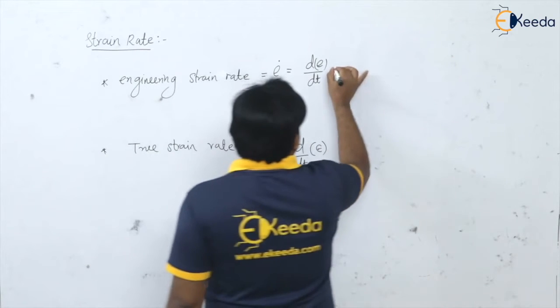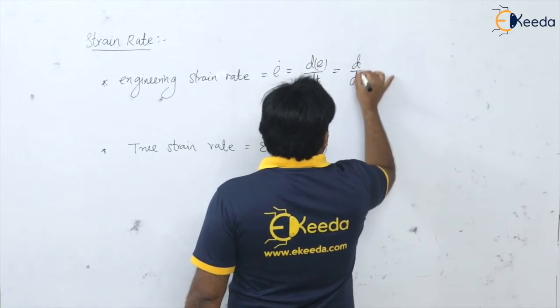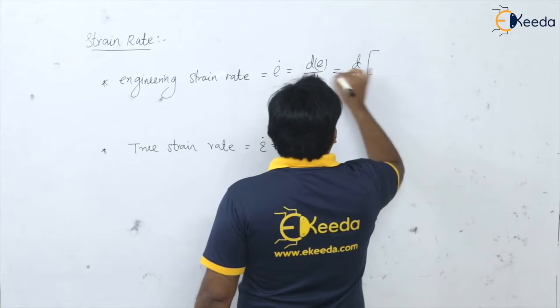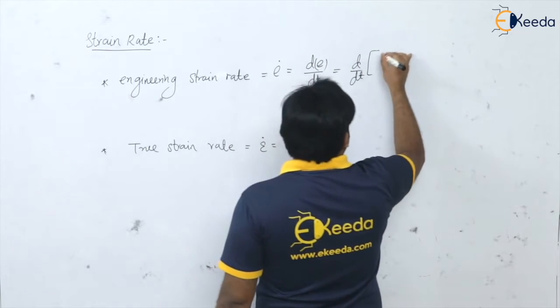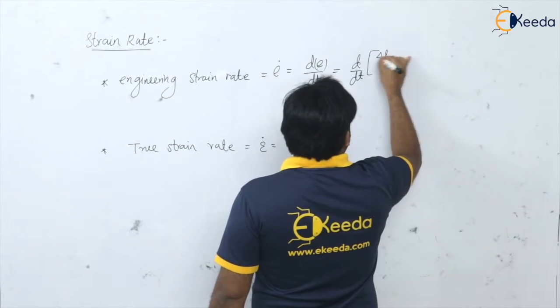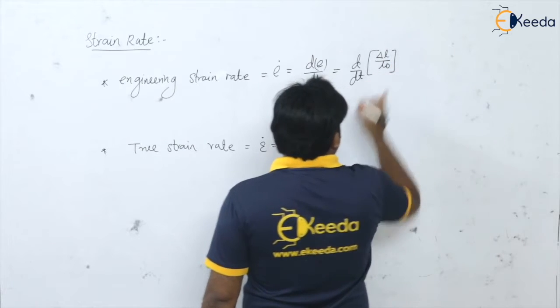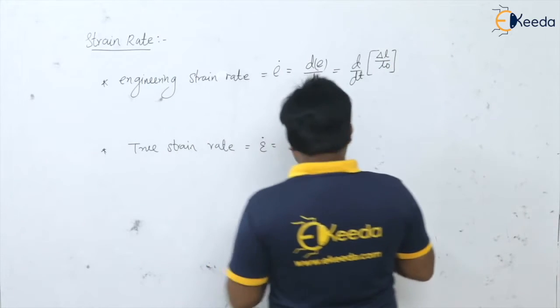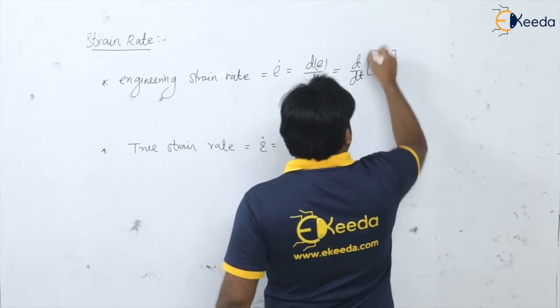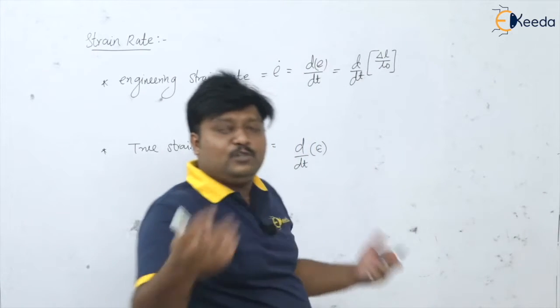So what is this? d/dt of the engineering strain, delta L divided by L original, isn't it? And this delta L is nothing but the difference in length, which depends on the length only.